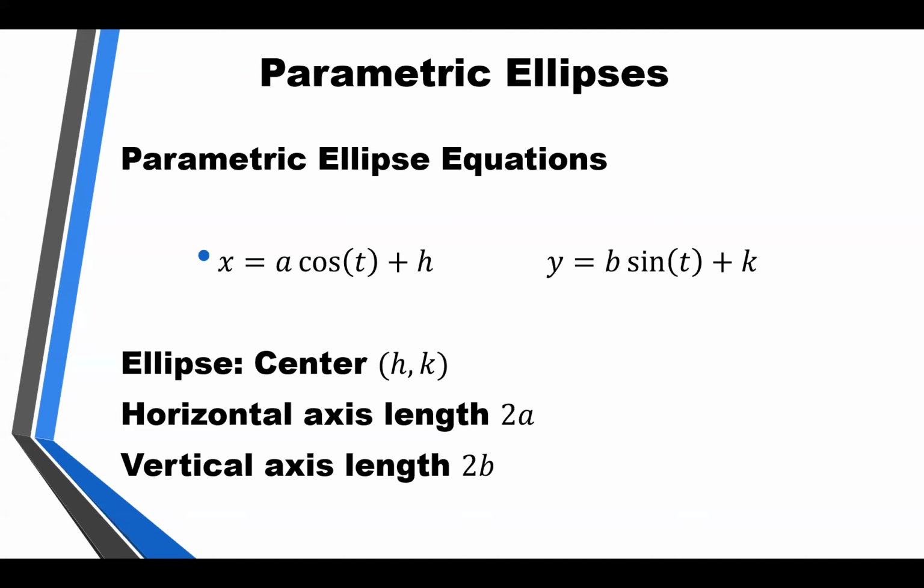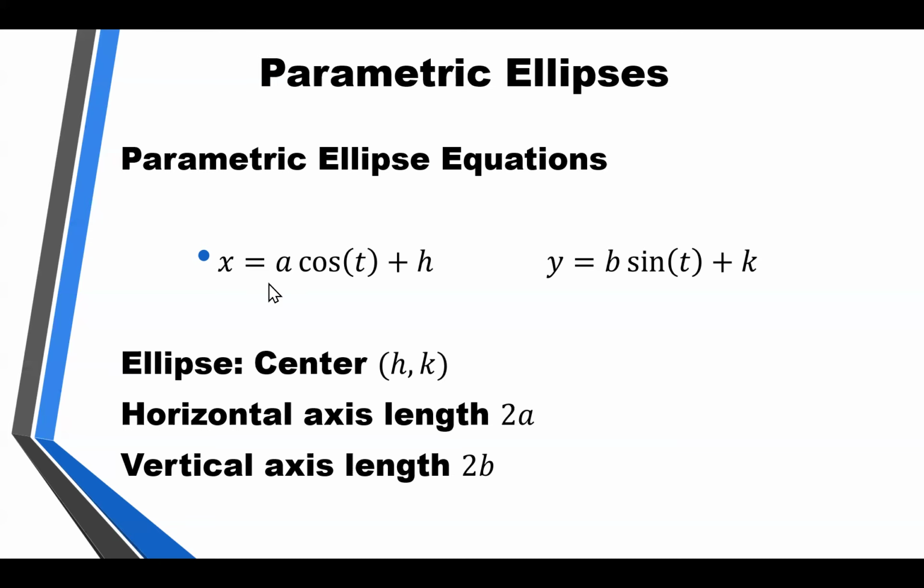So this is what we've done. With these indirect substitutions with the Pythagorean identity, we have seen that if we have equations in parametric where x is equal to a cosine t plus h and y is equal to b times sine t plus k, we get an ellipse whose center is at (h, k) and whose horizontal axis length is 2 times a and whose vertical axis length is 2 times b.